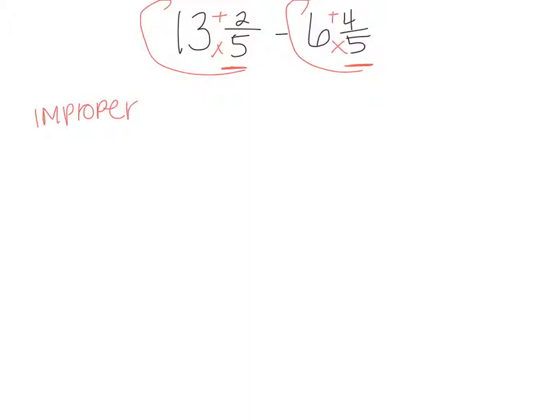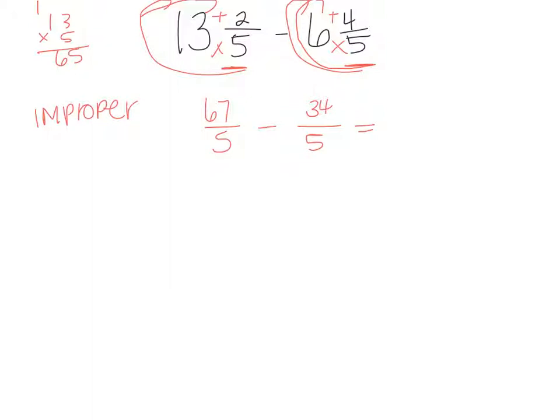So I'm going to start with 5 times 13, over to the side. 5 times 3 is 15. 5 times 1 is 5, plus 1 is 65. And then I need to add my 2 up here, so this is going to be 67 fifths. 5 times 6 is 30, and 30 plus 4 is 34 fifths.